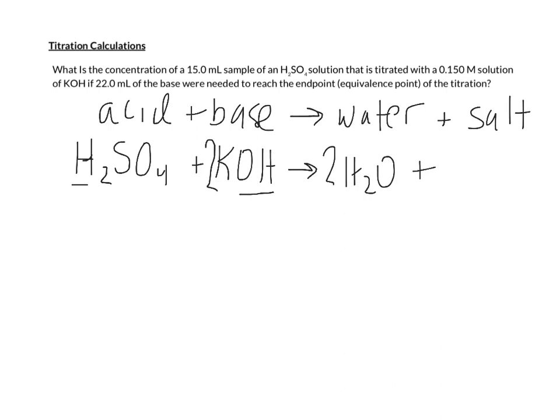And if potassium is +1, hydroxide is -1, hydrogen +1, sulfate is 2-, we can't just simply make KSO4, but instead we need 2 of these potassiums to balance the 2- of the sulfate. This is how you would write the molecular equation.